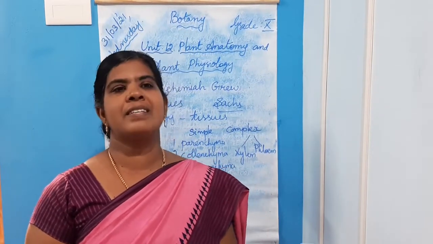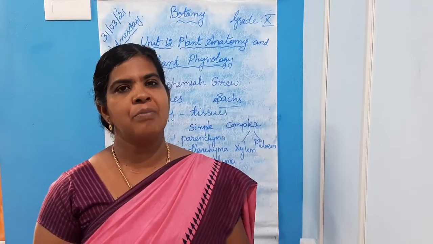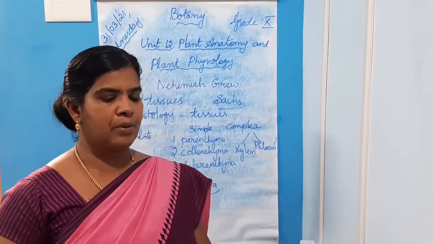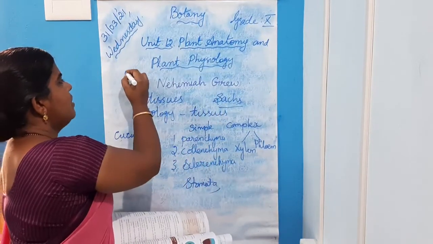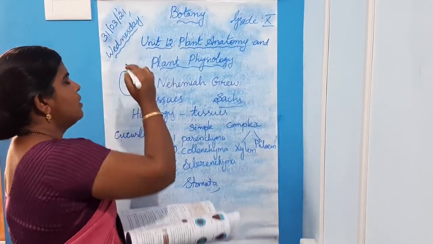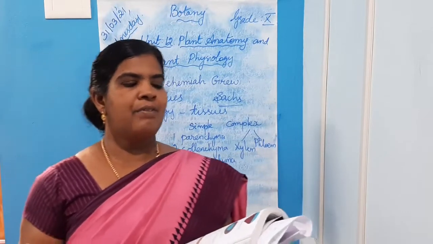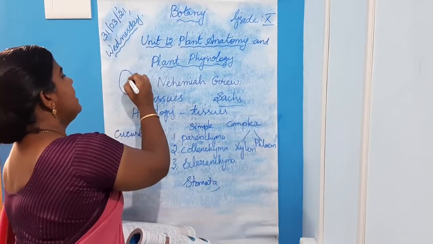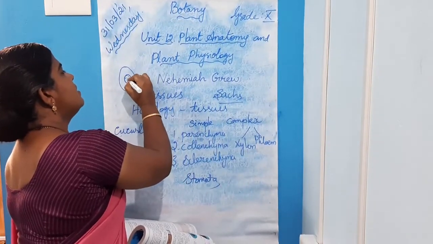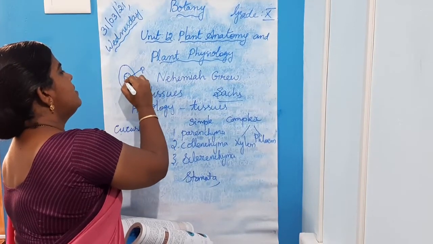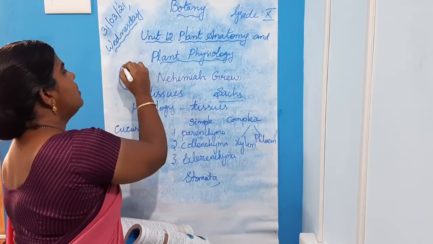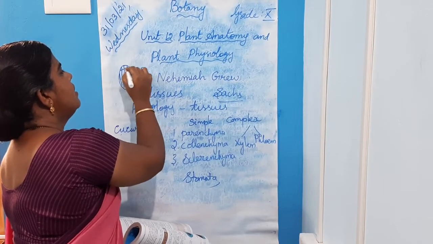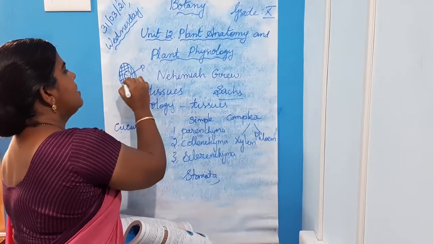Then amphivasal vascular bundles. Xylem surrounds the phloem. Suppose this is a vascular bundle. In amphivasal, phloem is there in the center. This is phloem, and xylem is present towards the outer side or periphery.